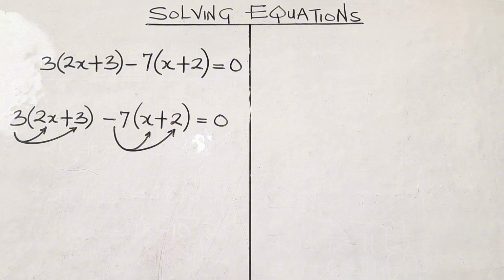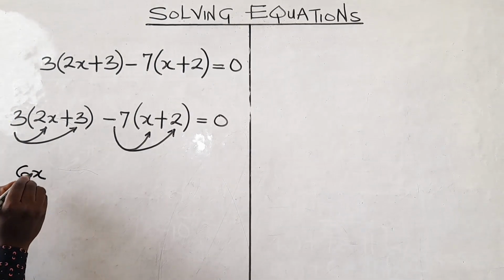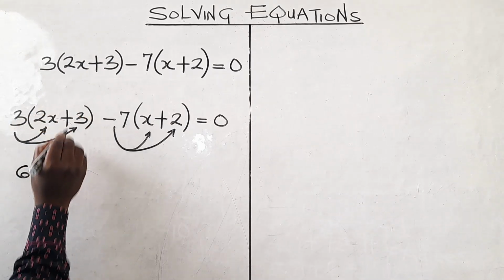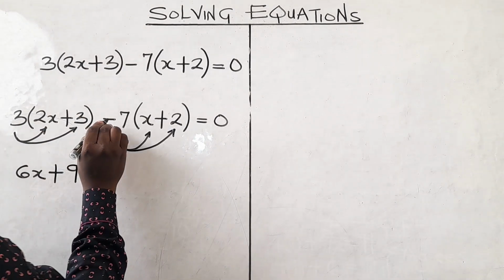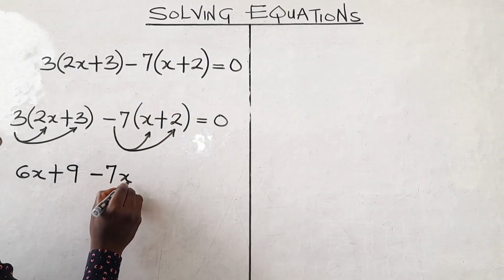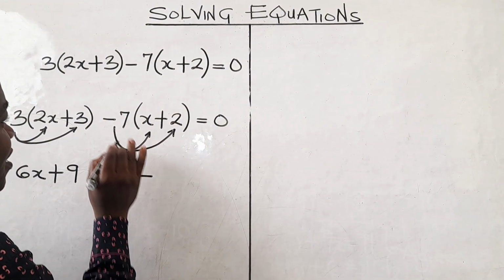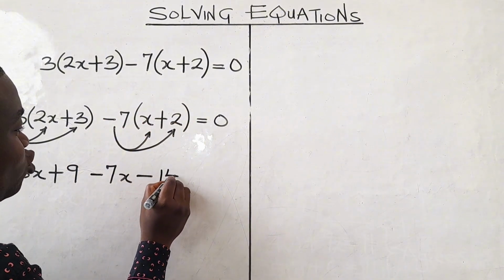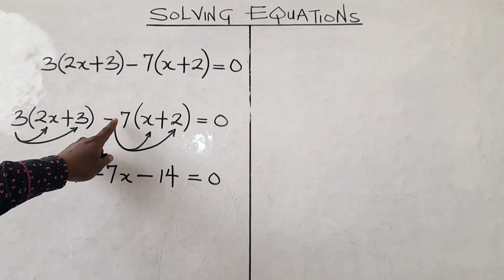We want to start now. So 3 times 2x is 6x plus 3 times 3 is 9. Negative 7 times x is minus 7x. And same thing, negative times positive is negative, 7 times 2 is 14. Do not forget this. Many a times, this is where students make mistakes.